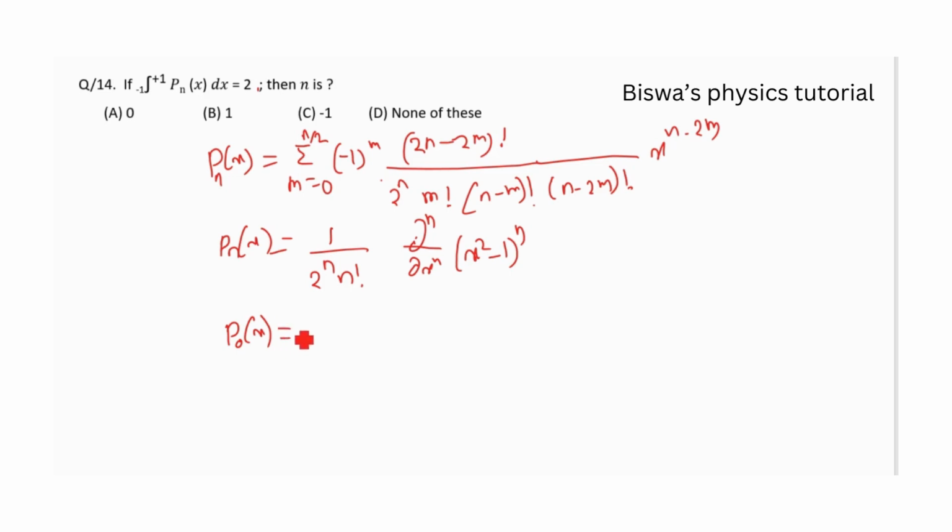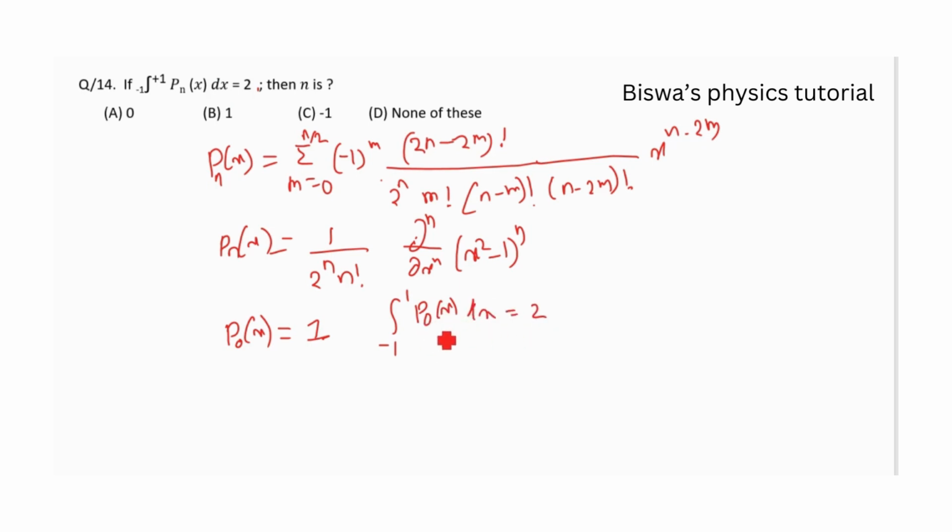So first we have to check by putting P0(x) and checking this value. If I put all the n values as 0, I'll get the answer as 1. So let's try this formula. Now integral from minus 1 to 1 of P0(x) dx is equal to 2.